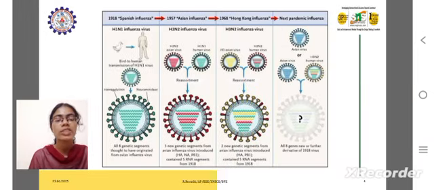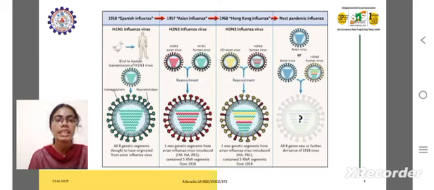So the transformation and evolution of influenza: the H1N1 infection virus may spread from birds to humans, and then the H2N2 influenza virus was transferred into H1N1 human viruses, and the H3N2 influenza virus is due to the H3 avian virus, which leads to H2N2 human viruses, whereas the next pandemic influenza is the H3N3 human virus.